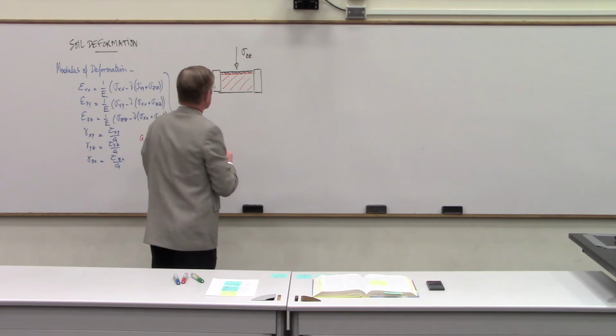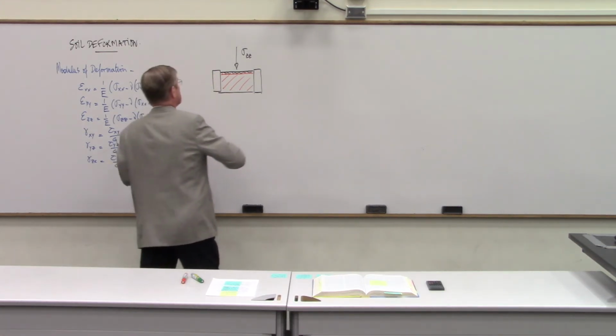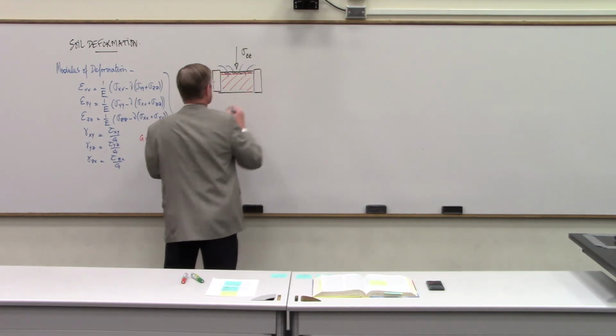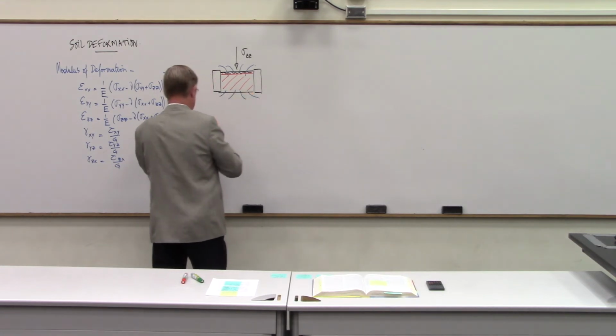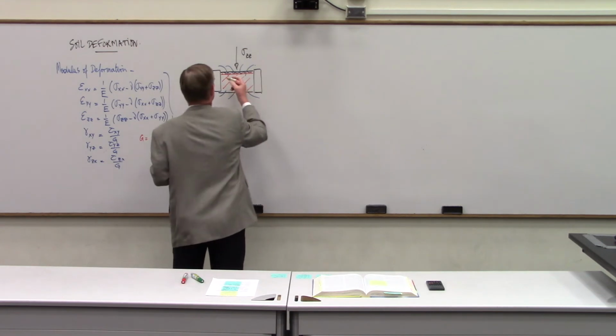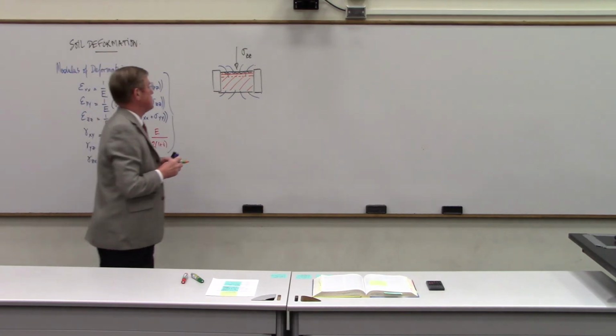So in the consolidation test, the water is squeezing out of there, and that's why you have settlement. So water squeezes out of there, and you can drain it at the bottom as well, and that's what makes the deformation take place, because if it's saturated, otherwise there wouldn't be much deformation.